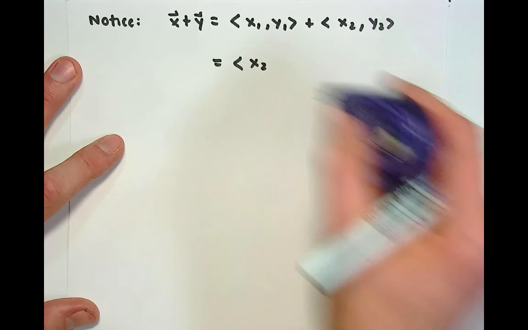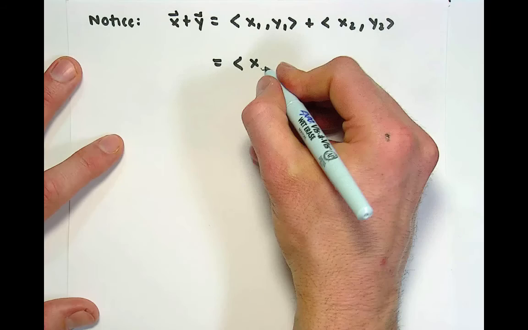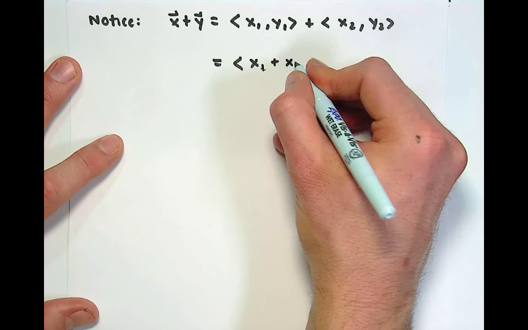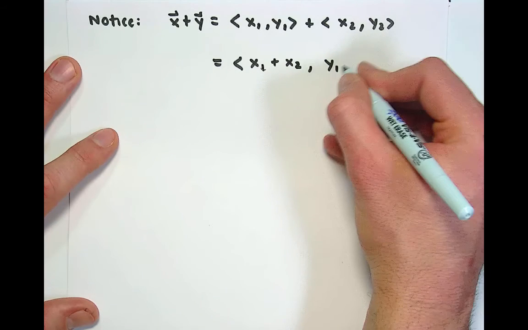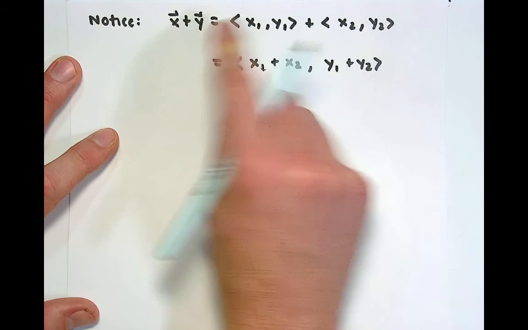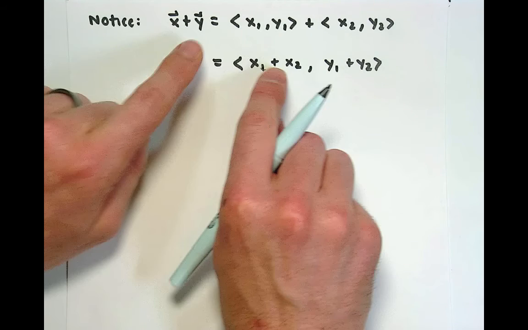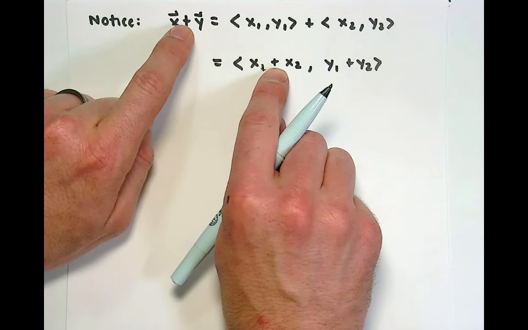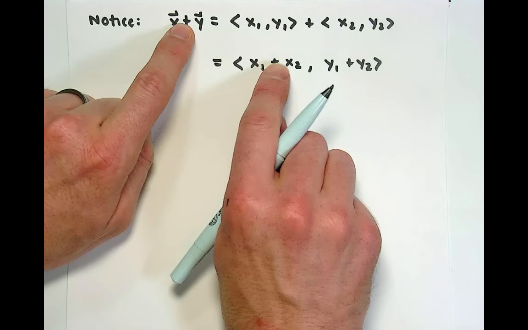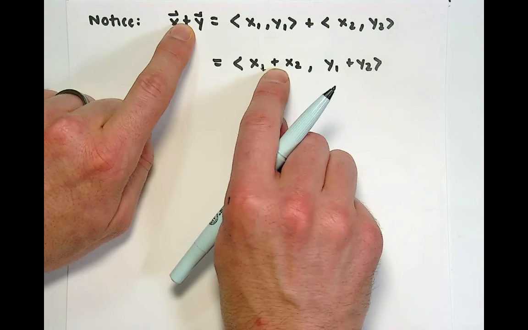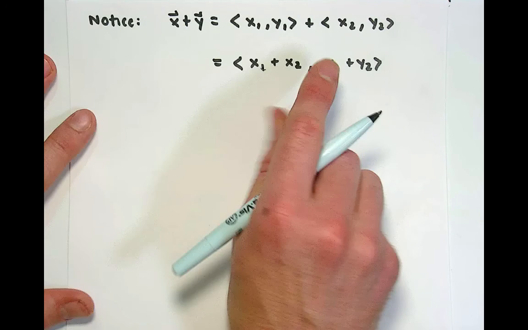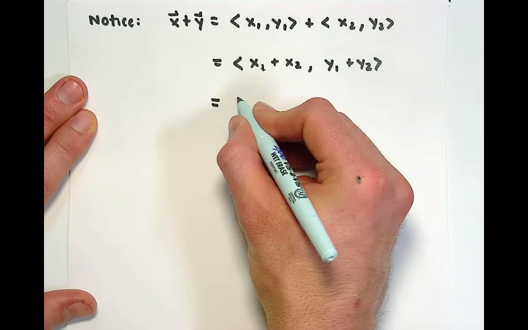When I do this first vector addition, I literally just add the components inside, but then this addition here is now addition between real numbers. These are different additions. We got to be really careful about that. This addition is vector addition. This addition is scalar addition. They're different additions. They act in different spaces.